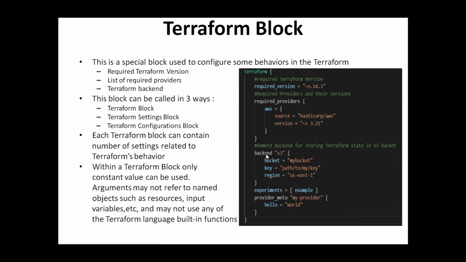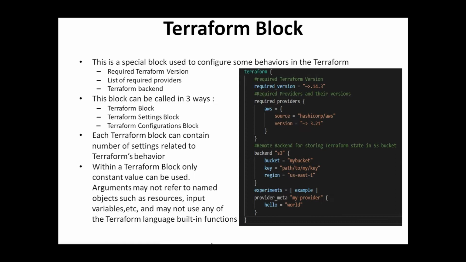If you don't define that backend block, it will be stored in your local working directory, the root module working directory. We will learn more about it in our upcoming sessions. In this example, we are keeping the Terraform backend file, the tfstate, in this bucket, in my S3 bucket. So let's create a Terraform block, which is nothing but the settings block, first.